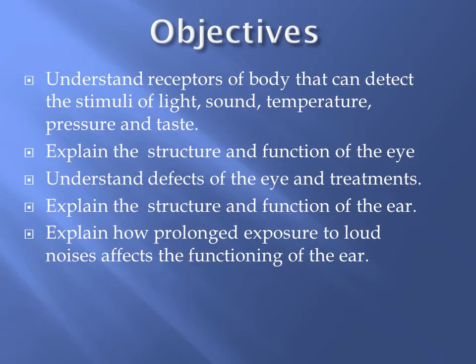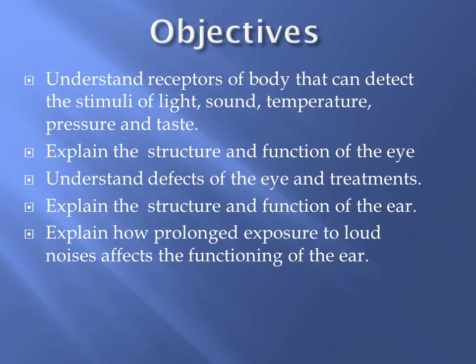Objectives. After learning this chapter, you should be able to fulfill the following objectives. First, to understand the receptors of the body that can detect the stimuli of light, sound, temperature, pressure and taste. Explain the structure and function of the eye.